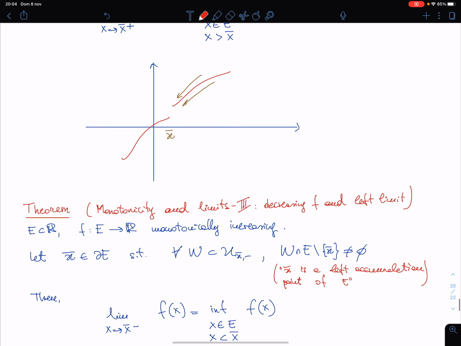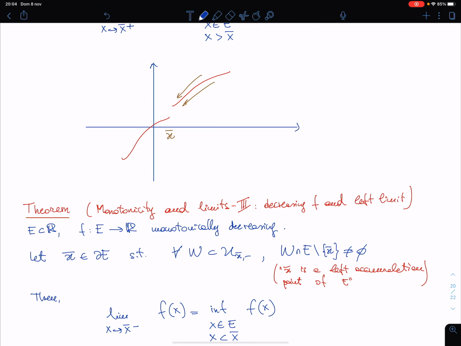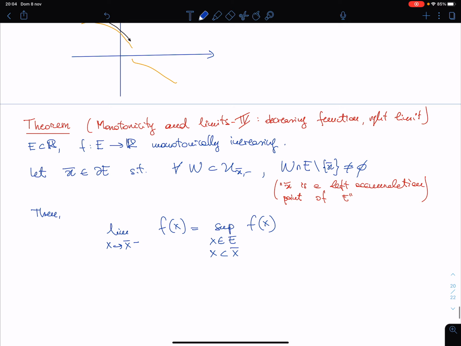Well, okay, here I forgot to correct here. It is not increasing, it is decreasing. And here again, I want to study a decreasing function, but I want the right limit to be computed, so x bar accumulation point, especially from the right.